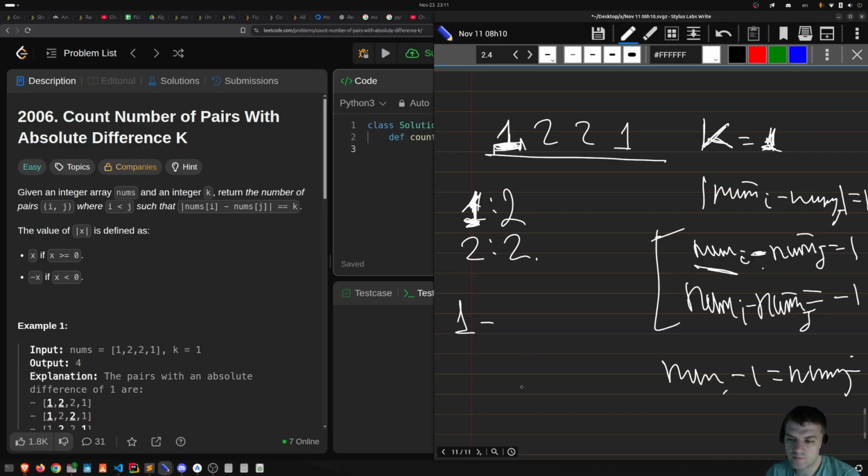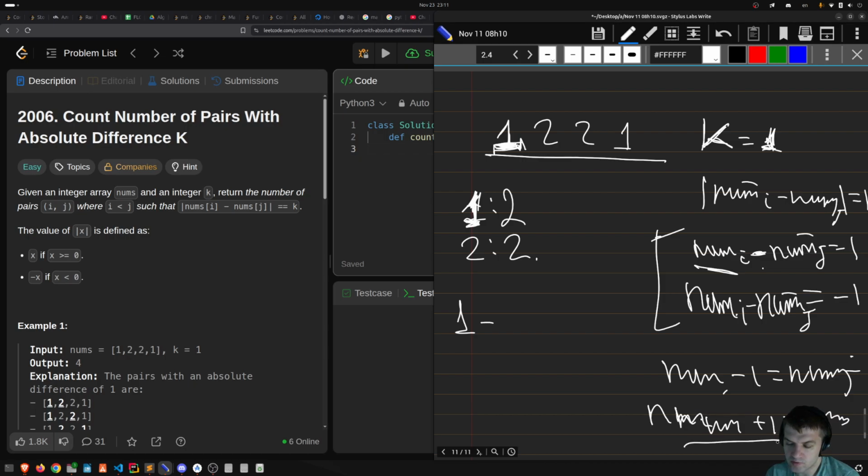So let's say, and the second one, I need to find where num i plus 1 equals num j.